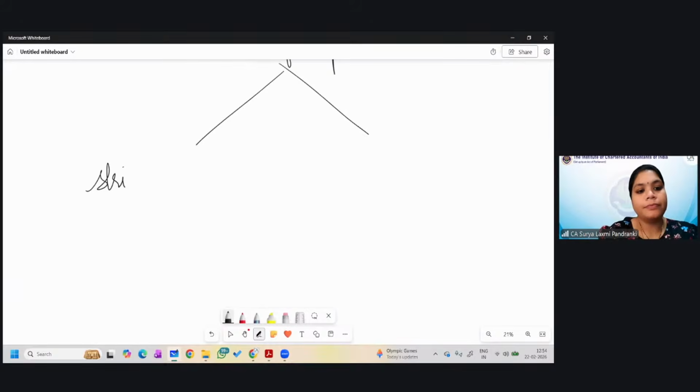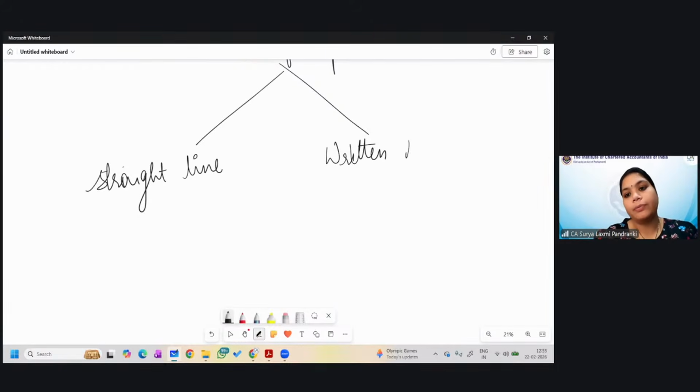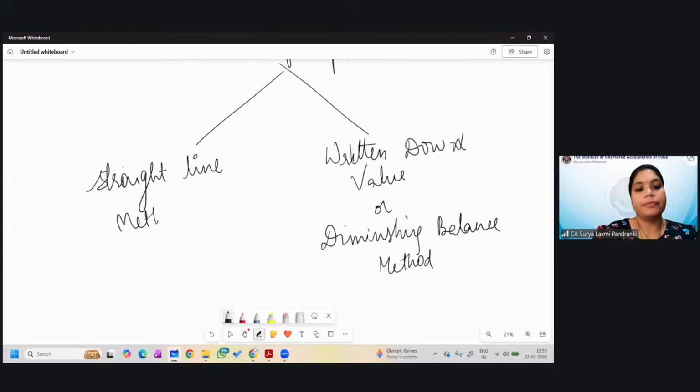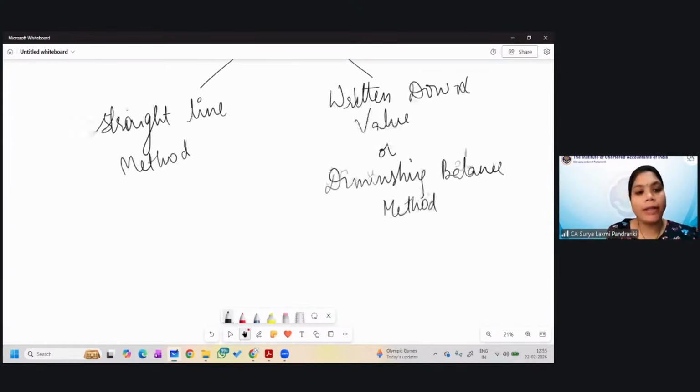One is straight line depreciation, and the other one is written down value, which is also called diminishing value. So these are the two basic methods we have for providing depreciation.